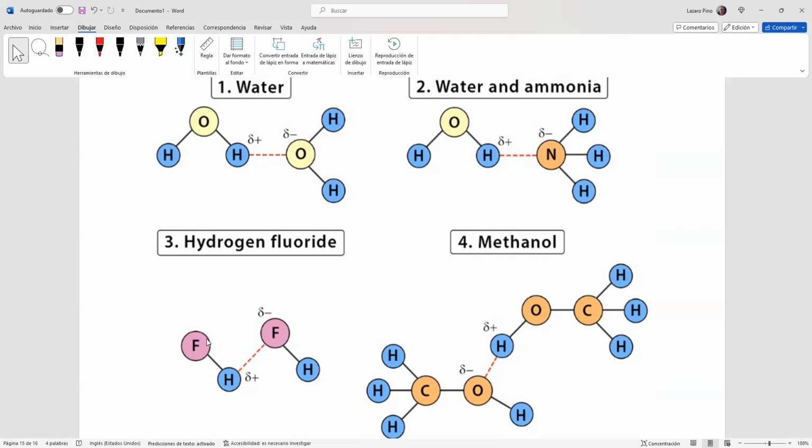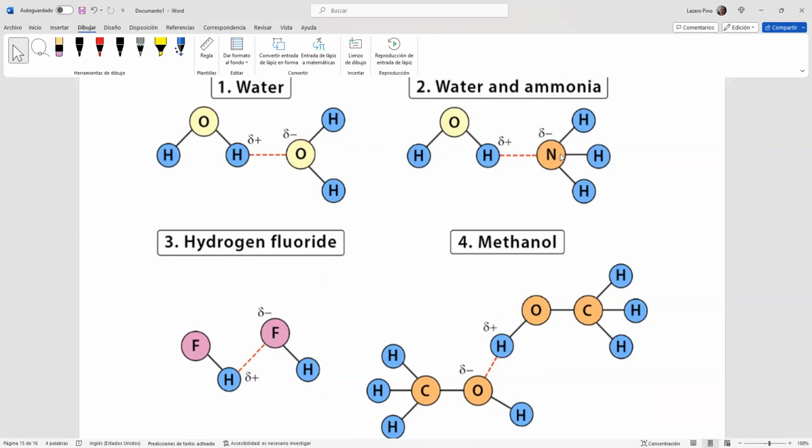The same thing here between two molecules of hydrogen fluoride. They can make hydrogen bonds, so they can be dissolved better than if you don't have hydrogen bonds. Look at this, water and water makes hydrogen bonds.